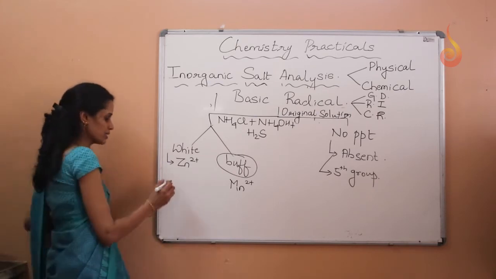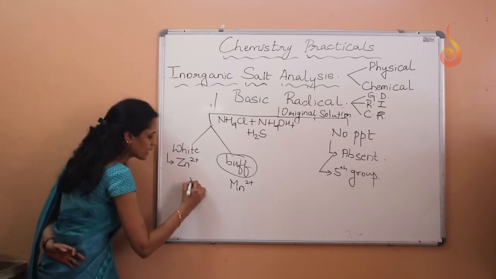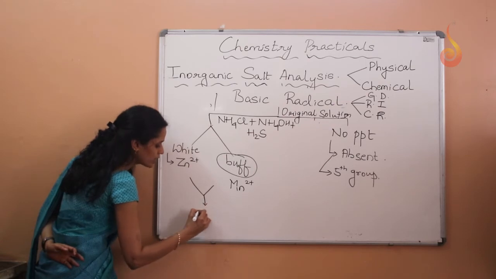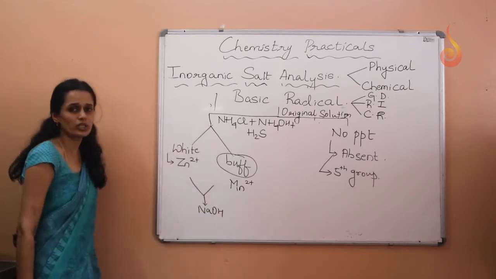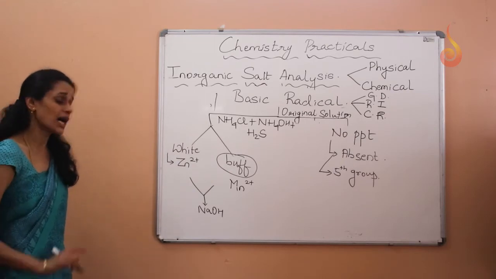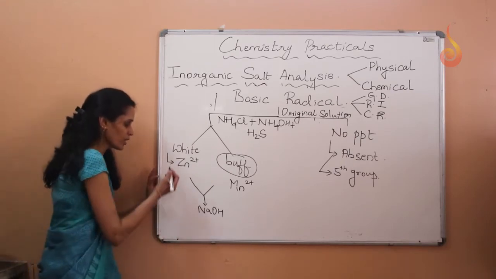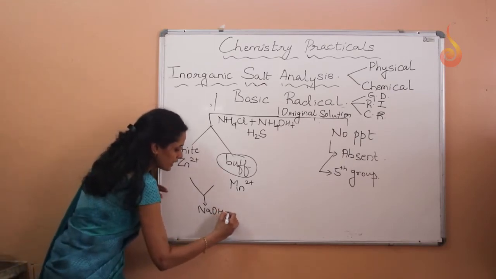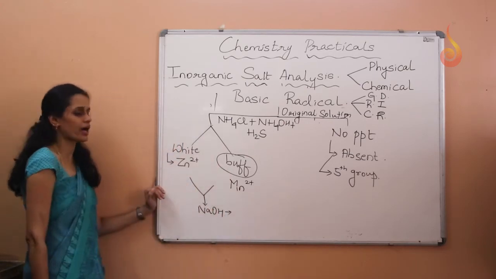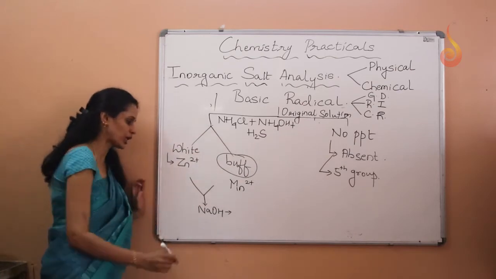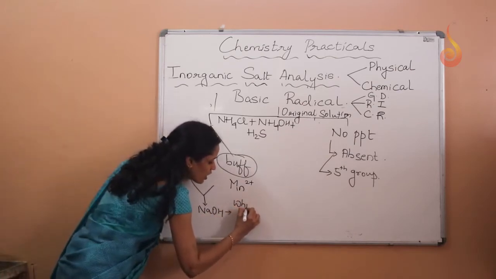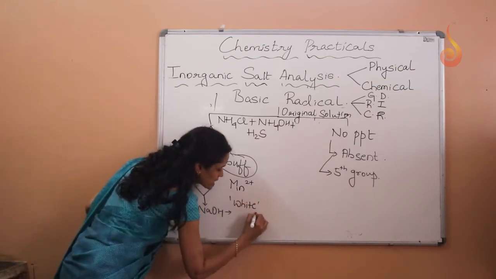For zinc and manganese, for both the radicals, apart from the original solution, we use sodium hydroxide as another reagent. If zinc is present, after adding ammonium hydroxide solution to the original solution, we observe a white color precipitate.